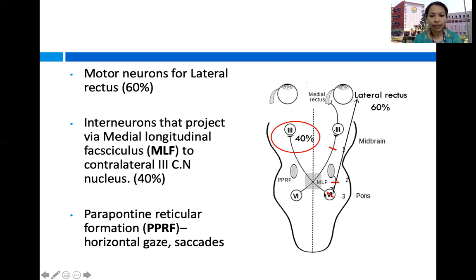So, this helps in initiating a conjugate gaze towards one side by simultaneous contraction of the lateral rectus and the contralateral medial rectus. The parapontine reticular formation also sends impulses to the sixth nerve nucleus, and this helps to initiate the horizontal gaze and also in saccadic eye movements, which are the fast ocular movements.